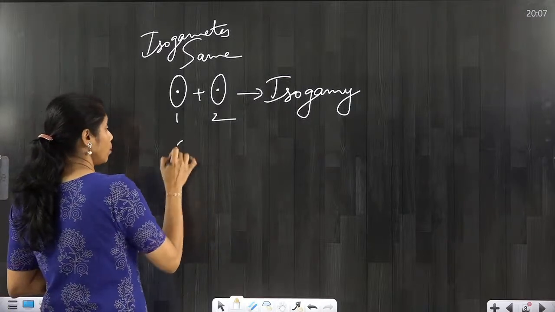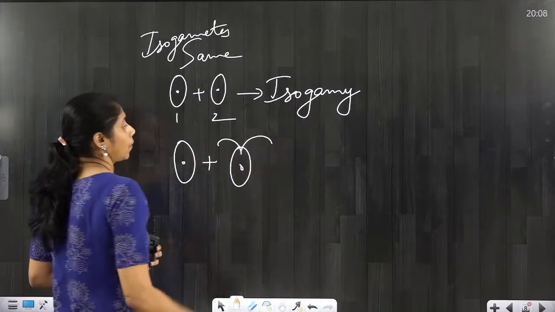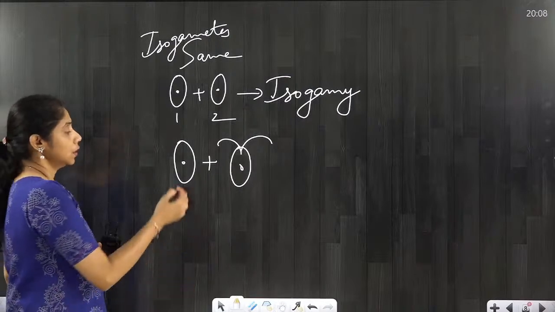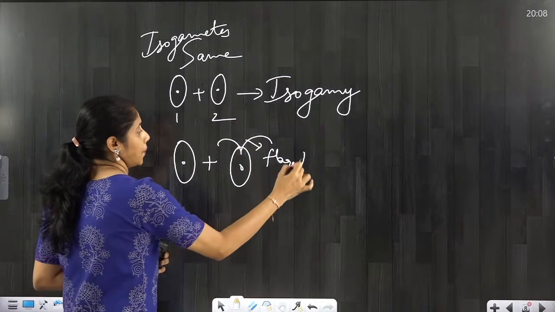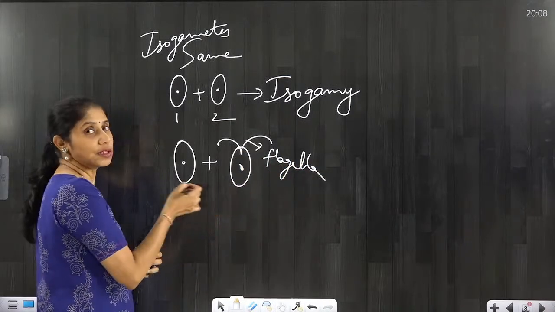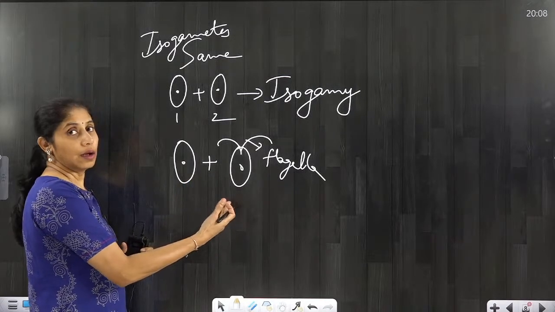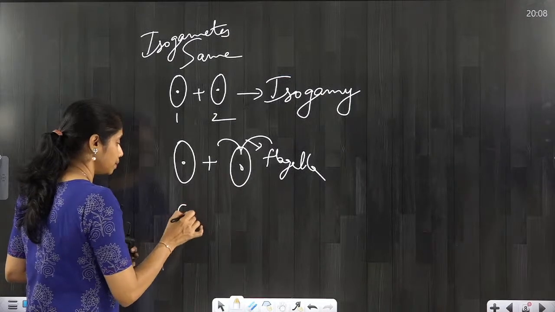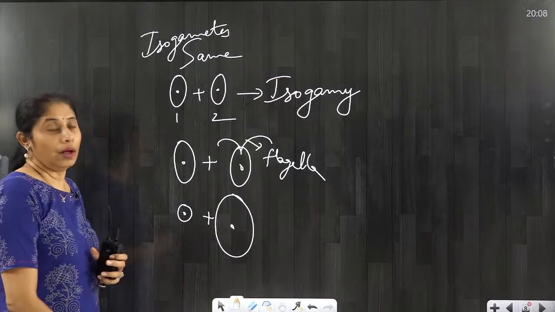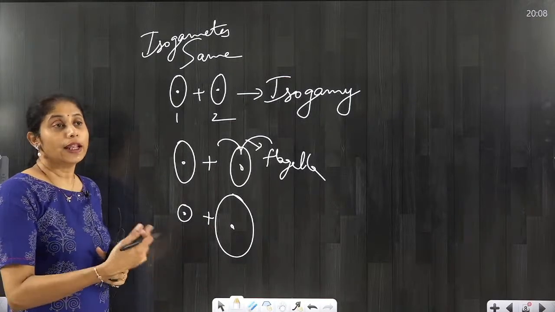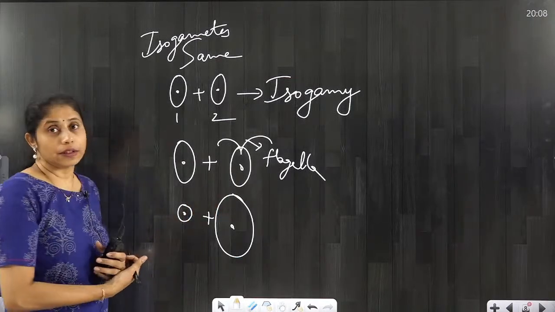Next one, all of you can make out the difference, I guess. Can you see the difference in these two? This does not contain flagella, this contains flagella. So can I say this can move, this cannot move? So the motility point is different. I will show you one more. Here the size is different. So any one point can differ: either motility, structure, or size.